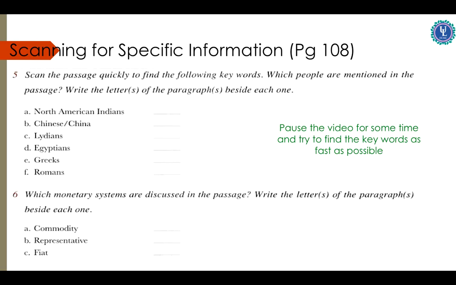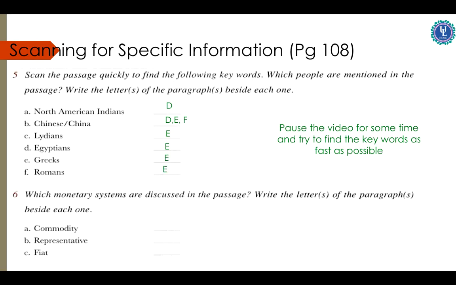Alright, let's see the answers together. A. North American Indians. You can find this term in paragraph D. B. You can find this in D, E, and F. The next one, Egyptians. You can find it in E. Greeks, E as well.